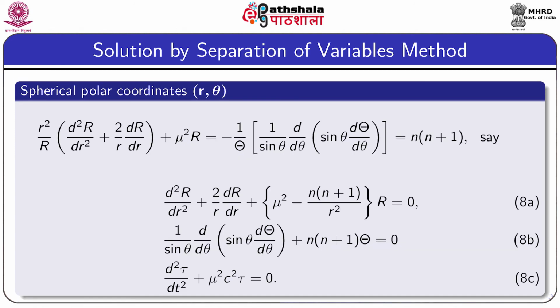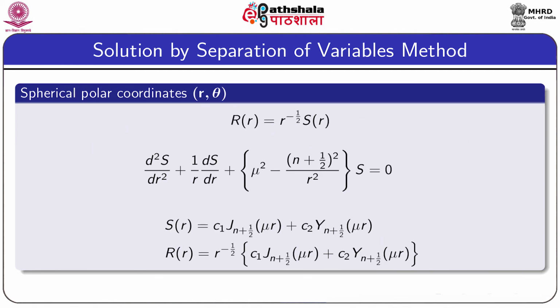Now, if we look at the R equation, this is not a Bessel equation, but if we give some transformation to the dependent variable capital R, it is possible to reduce the equation to a Bessel equation.